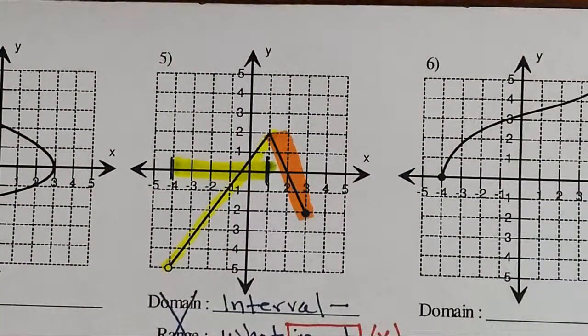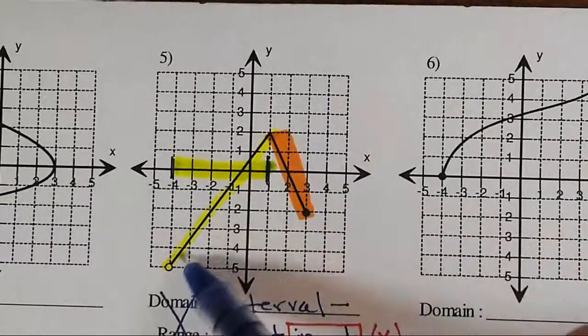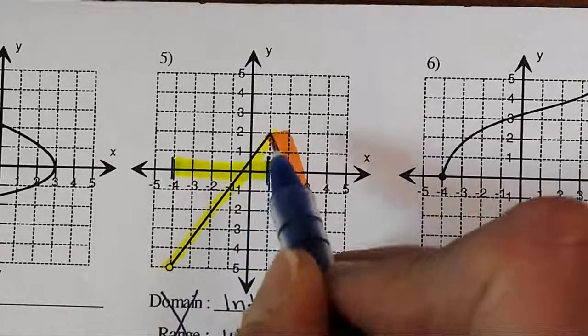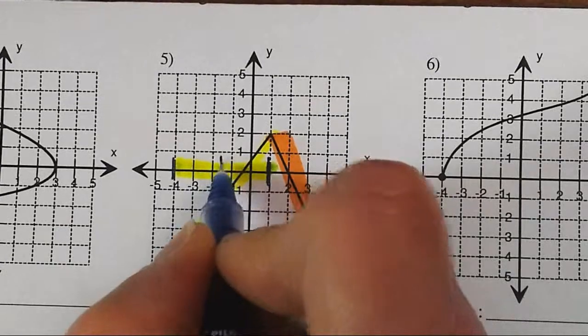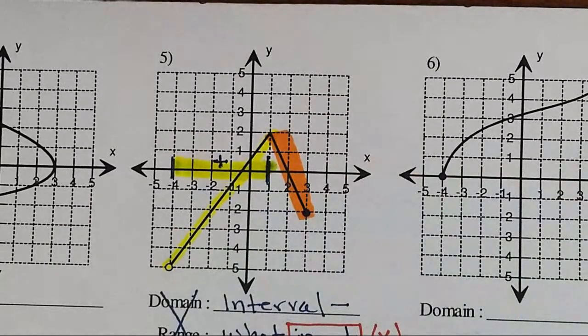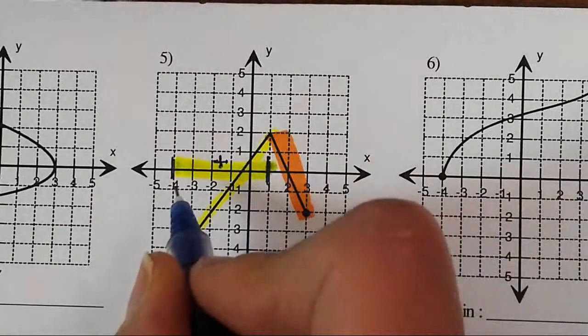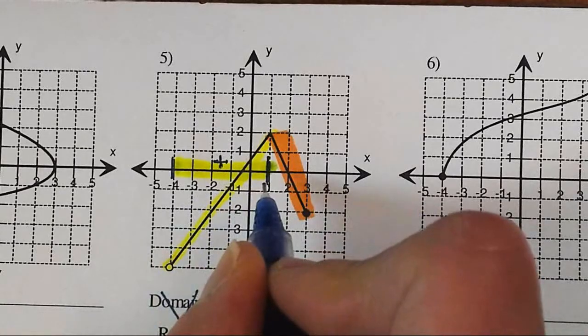That part of the x-axis, the yellow, corresponds with the yellow on my function. So this is positive. I'm going to write positive. So that's a positive interval from -4 all the way to 1.